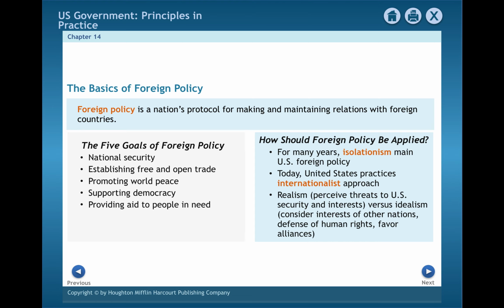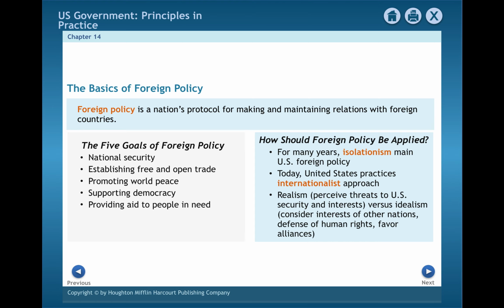Neo-isolationism is a new brand of isolationism. And remember, isolationism is what we believed mostly prior to World War One. So it's a new brand of isolationism, also known as neo-isolationism. They believe that US involvement with foreign countries should be kept to an absolute minimum, and that we should let other countries determine their own fate.